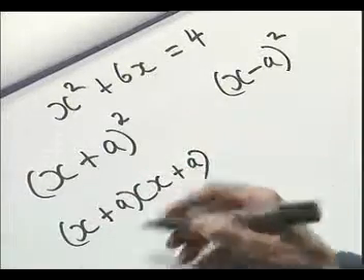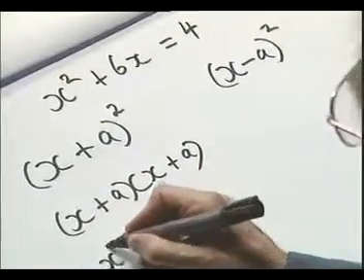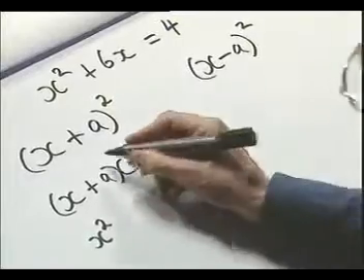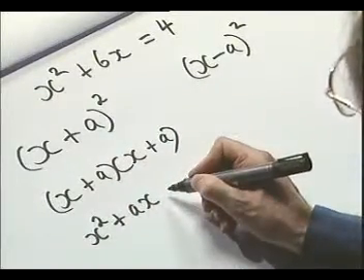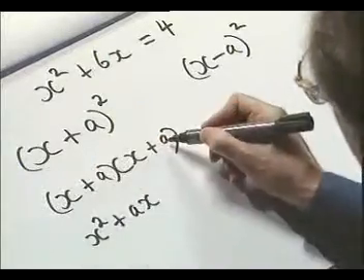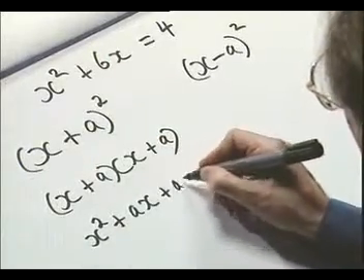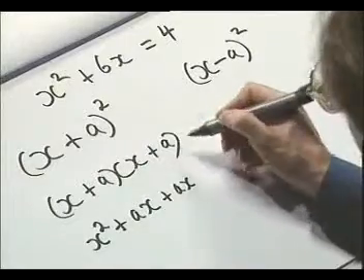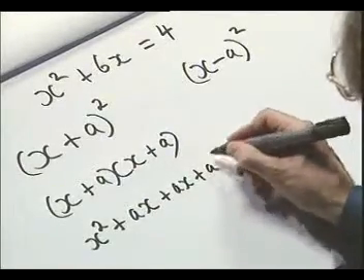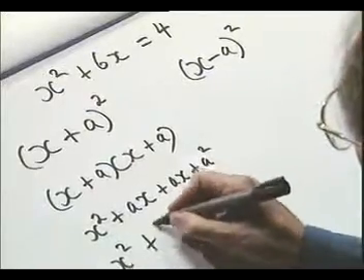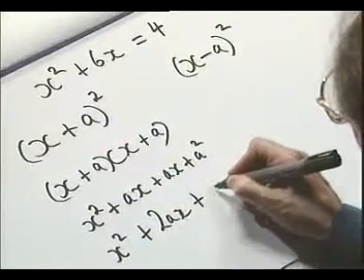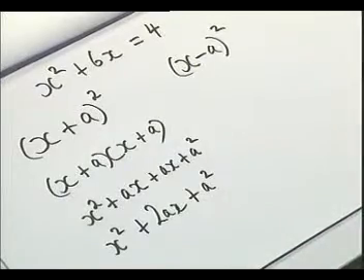And we do x times by x, that gives us x squared. And we do a times by x, which gives us ax. And then with x times by a, which again gives us ax. And then at the end, a times by a, which gives us a squared. And so we have x squared plus 2ax plus a squared.